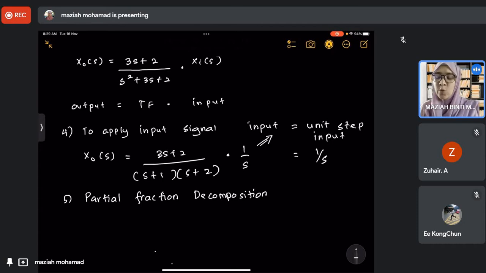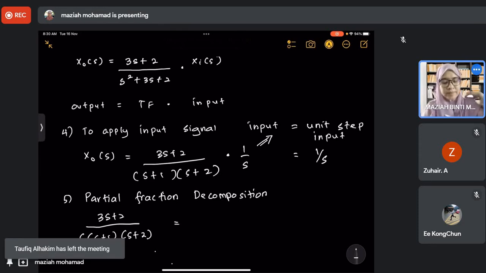So in our equation here, 3s plus 2 over s plus 1, s plus 2 multiplied with 1 over s, okay, this term is equal to function number 1.